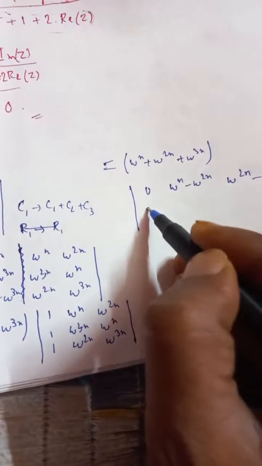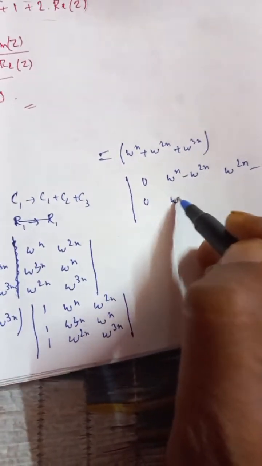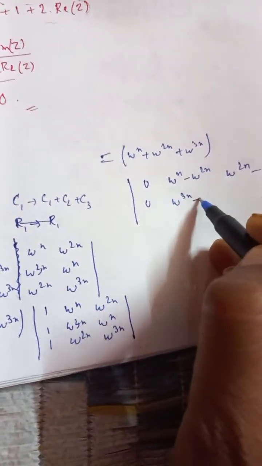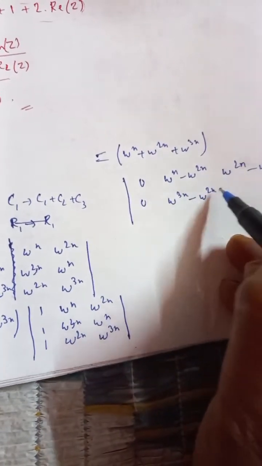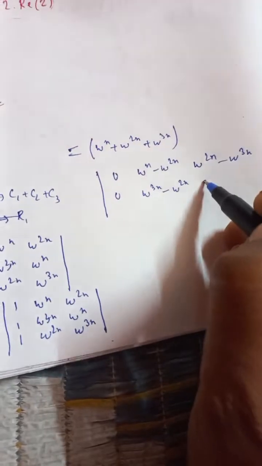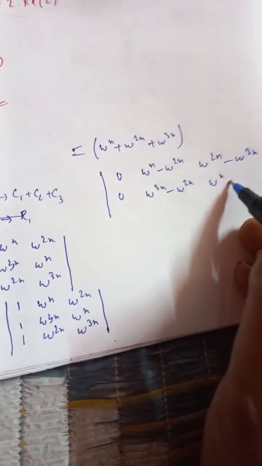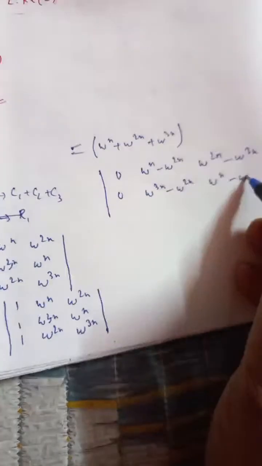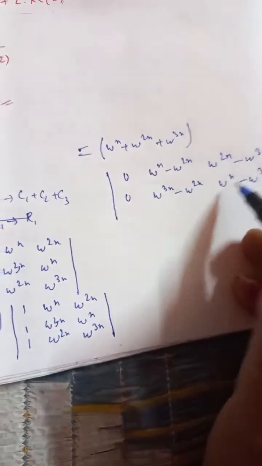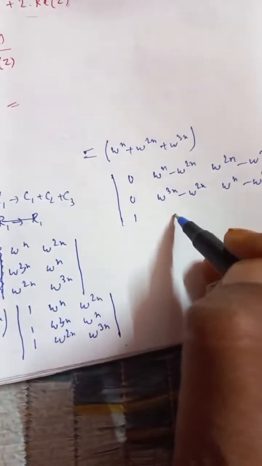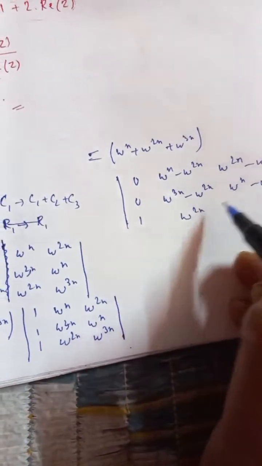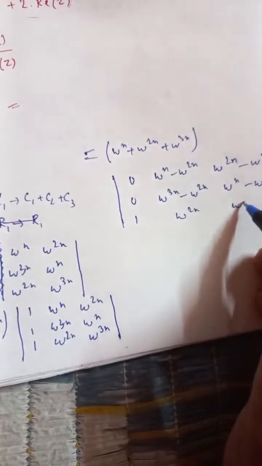Then 0, omega to the power 3n minus omega to the power 2n, omega to the power n minus omega to the power 3n, 1, omega to the power 2n, omega to the power 3n.